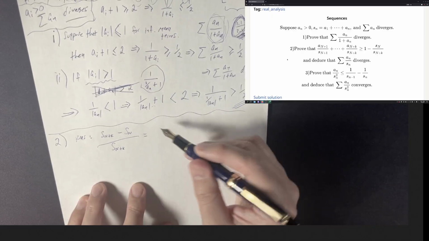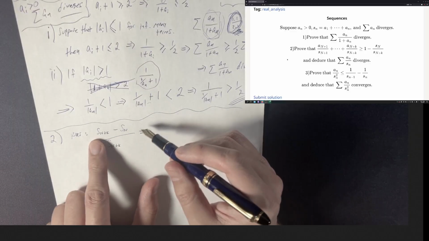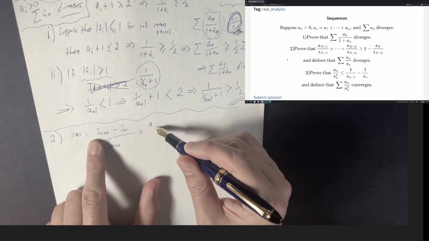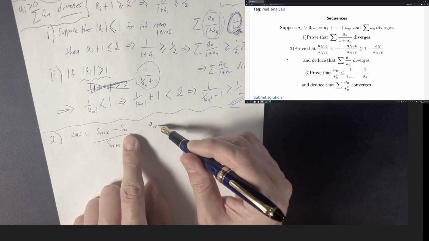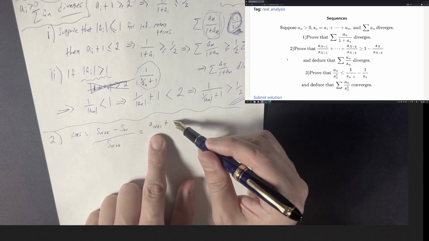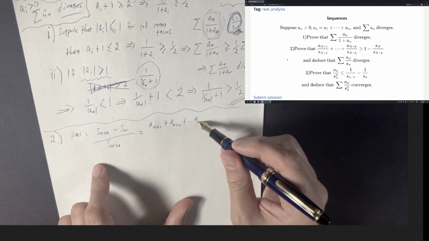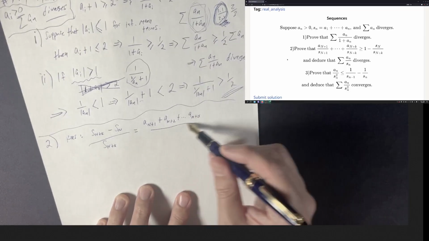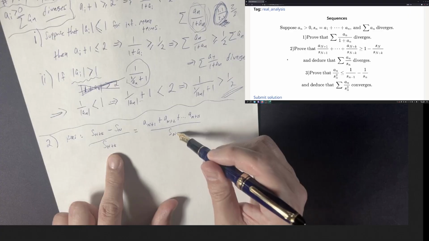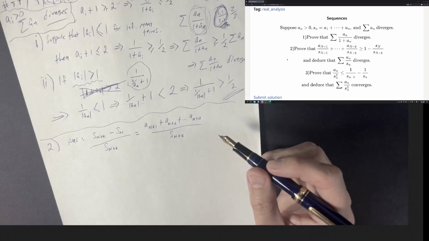The numerator then is the partial sum up to n+k, minus the partial sum up to n. So we'd be starting at the (n+1)th term, and we'd be adding n+2 all the way up to a_{n+k}. That'd be our numerator. And the denominator is still the same, the partial sum all the way up to n+k. So this junk is our right-hand side.